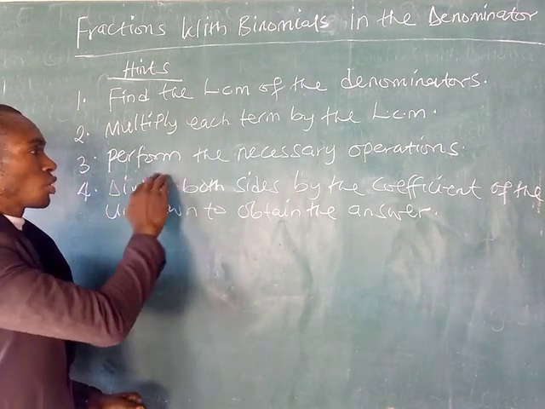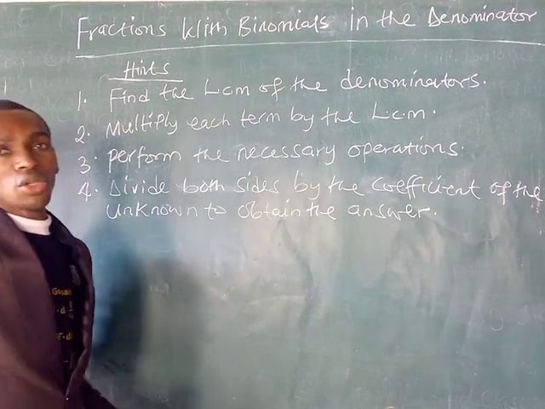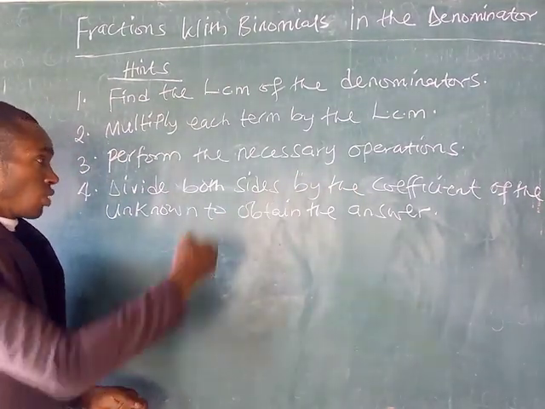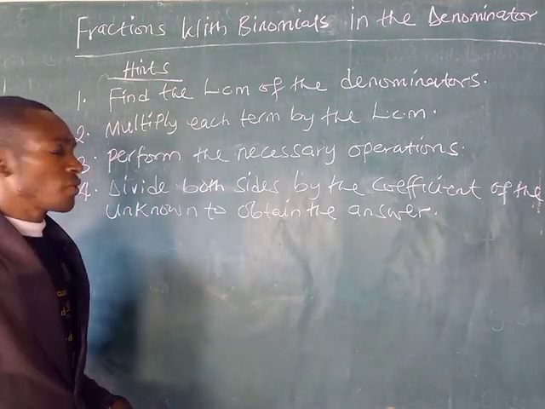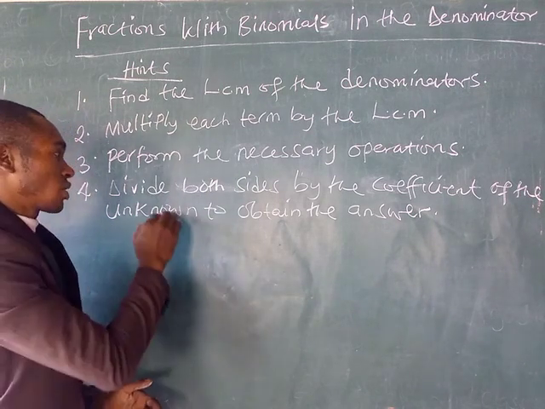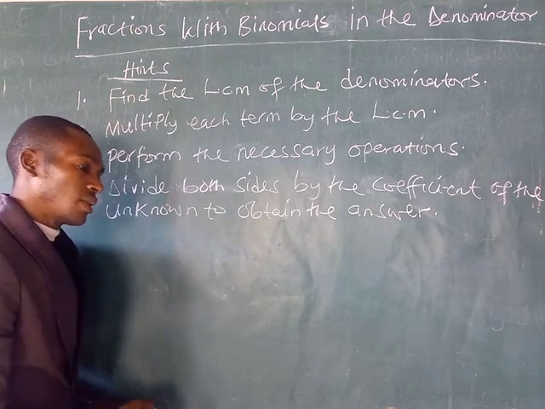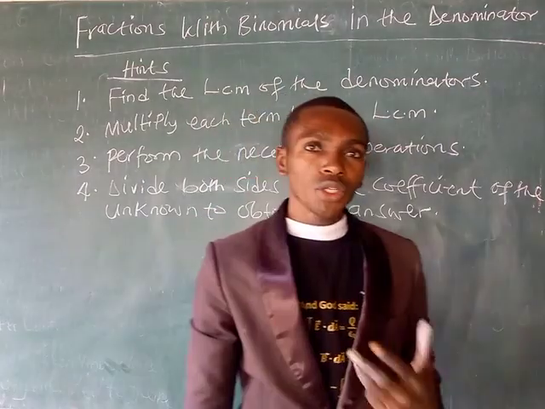Then the third thing to do is perform the necessary operations. Now, the necessary operations could be addition, subtraction, multiplication, or division. Number 4, divide both sides by the coefficient of the unknown to obtain the answer. So the last thing to do is to divide both sides by the coefficient of the unknown to obtain your required answer.